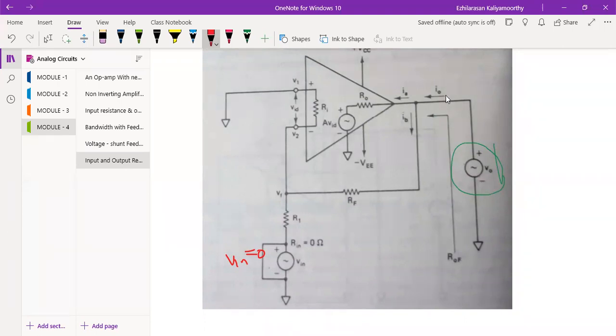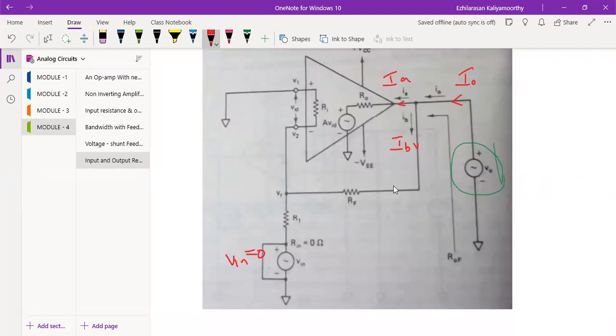Then you can see here I'm having the current as I naught current. Now here, which current is this? This is the IB current, which is flowing over there. Here the current which is flowing is nothing but the IA current. So this will be your I naught current. Because V naught, I naught, the IA, IB.